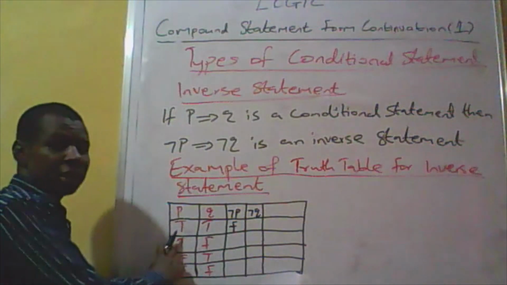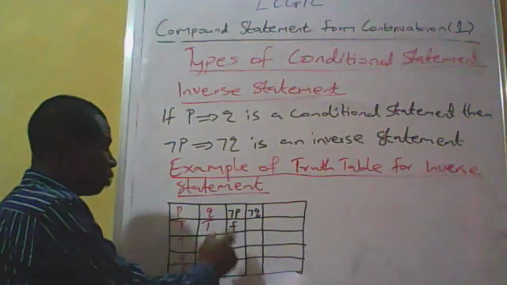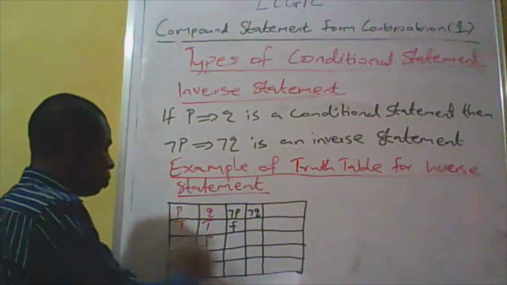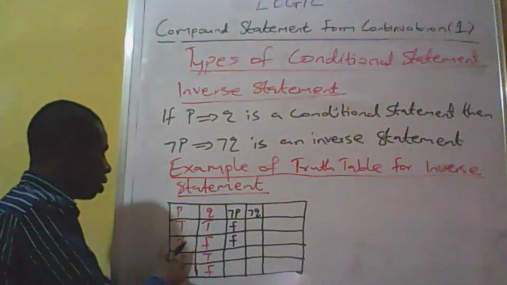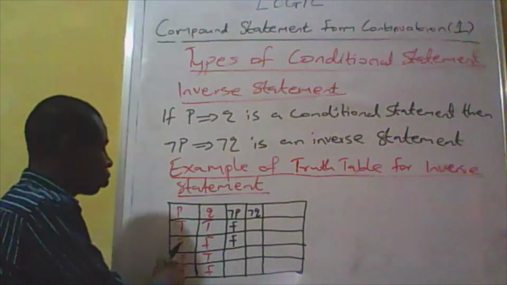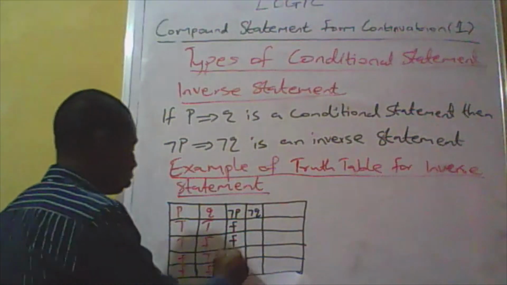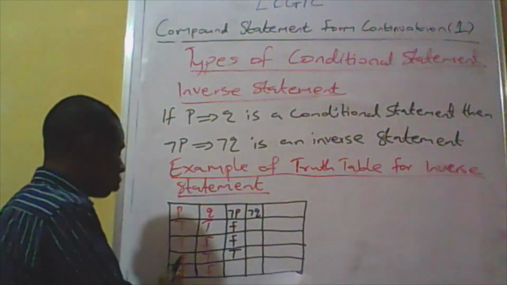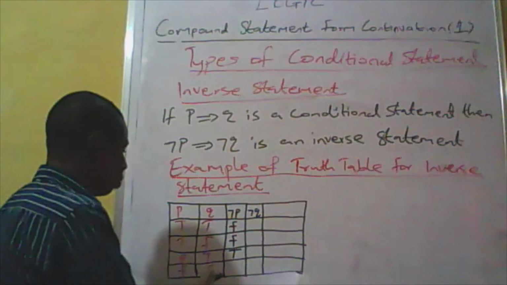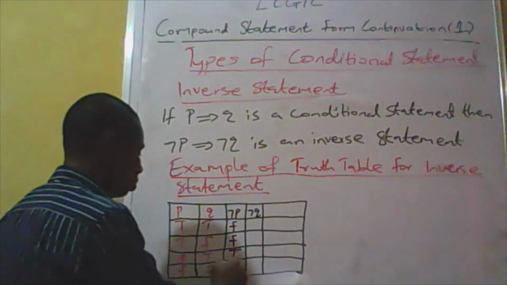P is T here, that means here not P will be false because it is T. Here P is false, so not P will be T. Here P is false, so here not P will be T.